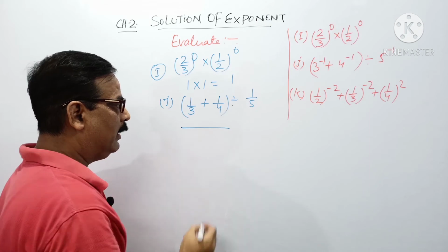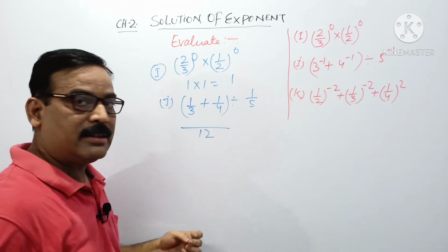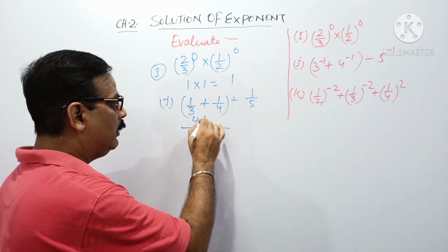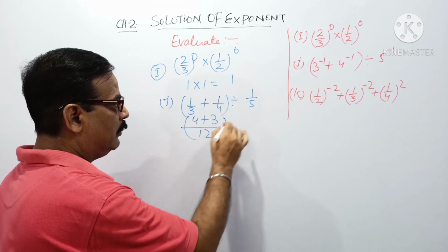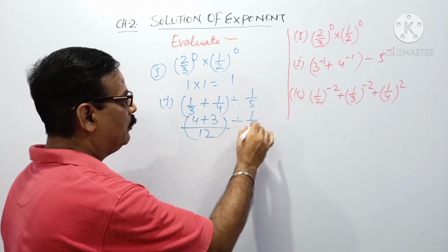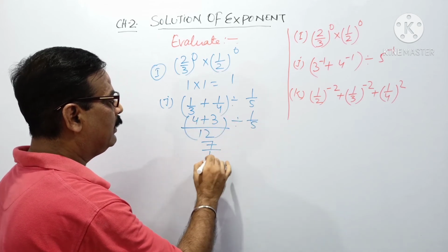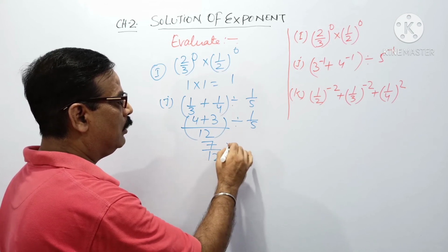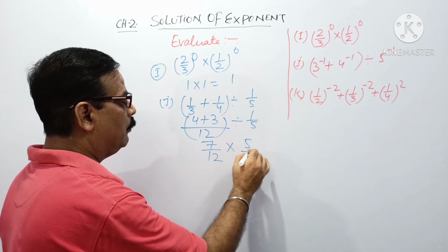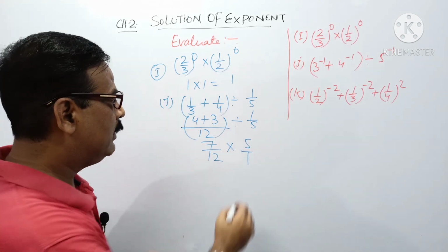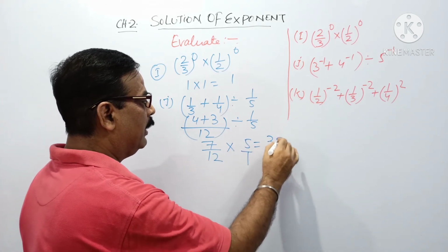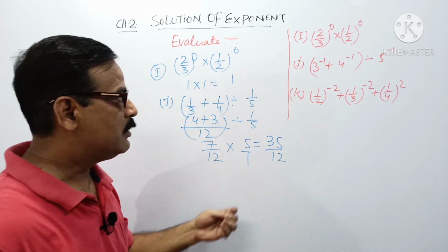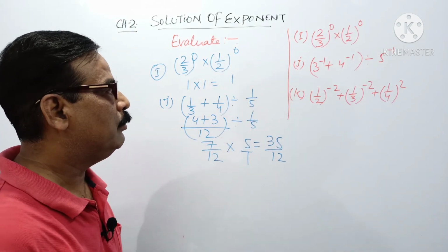We can solve from here: take the LCM, that is 12, 3 fours are 12 and 4 threes are 12, which is divided by 1 by 5. We can write this as 7 by 12, and from here we can solve it as 5 by 1. So the total answer is 7 fives are 35 by 12. So the answer of this question is 35 by 12.